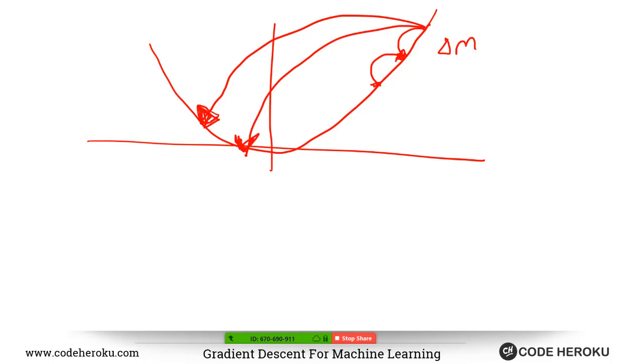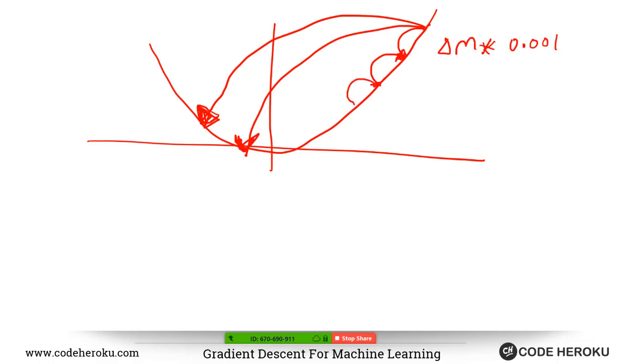Can I multiply this with a very small number? Let's say I multiply delta m with 0.001, will I always get a small point over here? Or at least ideally I should get a small point, because even if delta m is too large, if I multiply it by 0.001 or a small number, I'll get small steps.